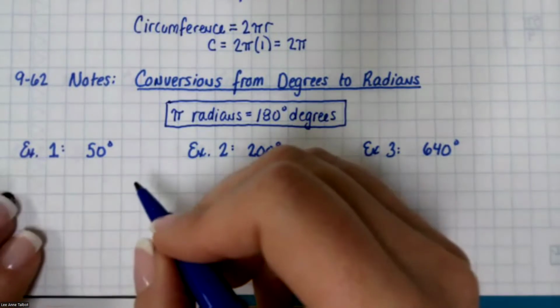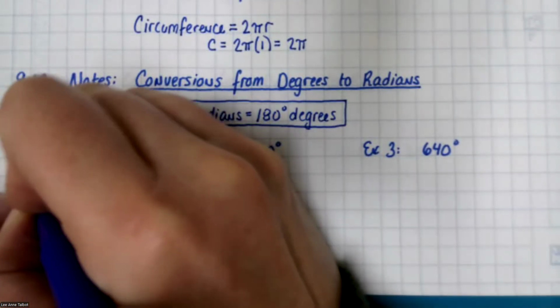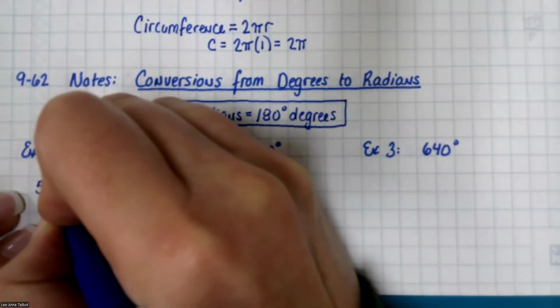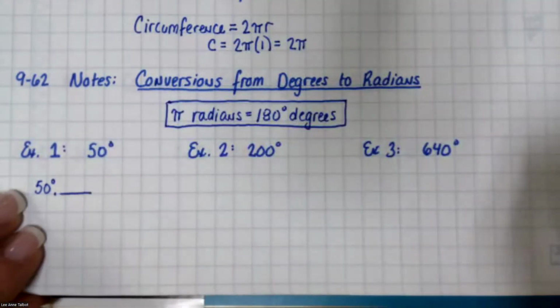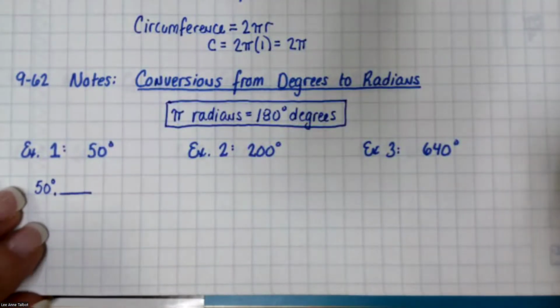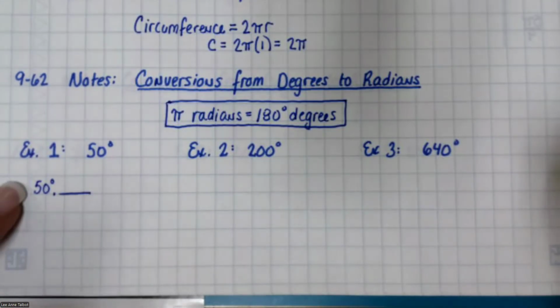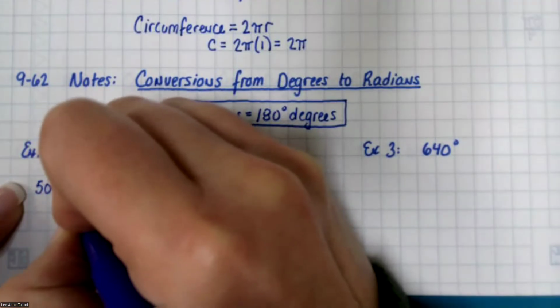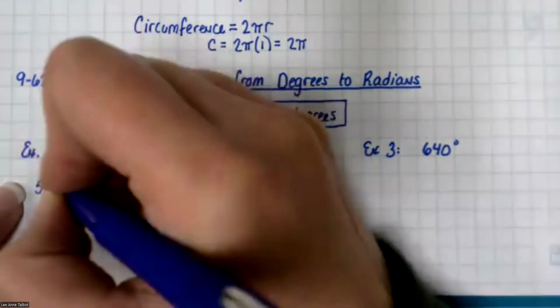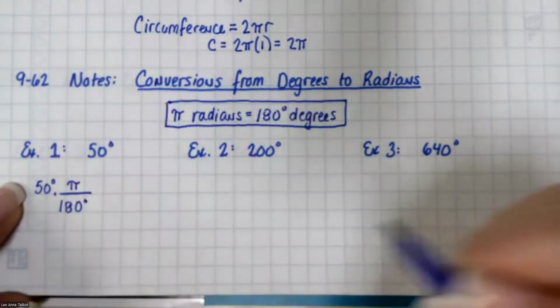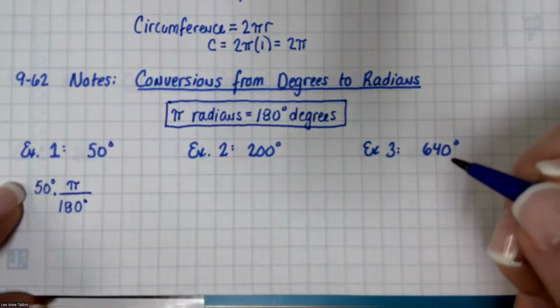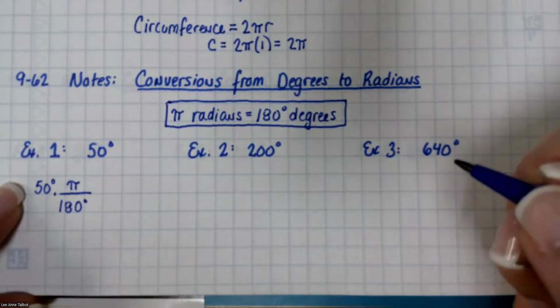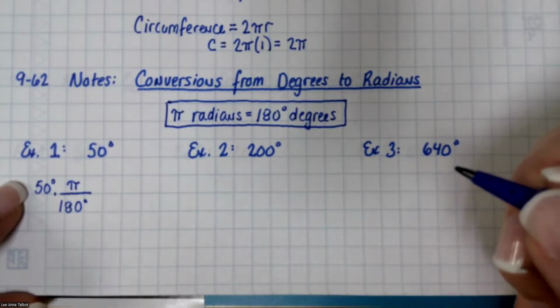Anyway. Okay, so you start with 50 degrees and you go times a line. 50 degrees is on the top. So that means you want to put the degrees on the bottom to cancel it out and radians on the top. Well, it depends. If you start with degrees, then yes.